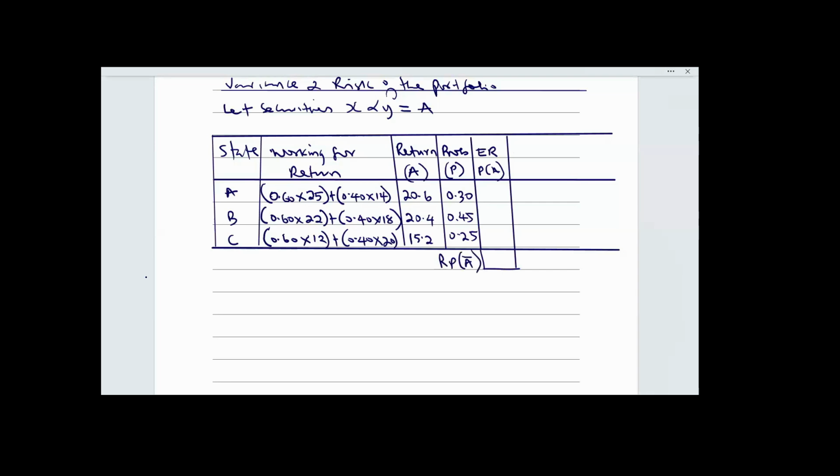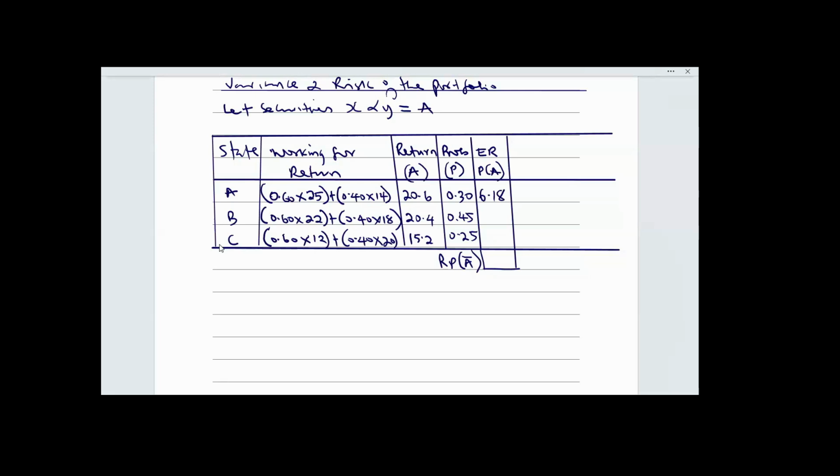Probability: 20.6 multiplied by 0.3. What do you have? 6.18.